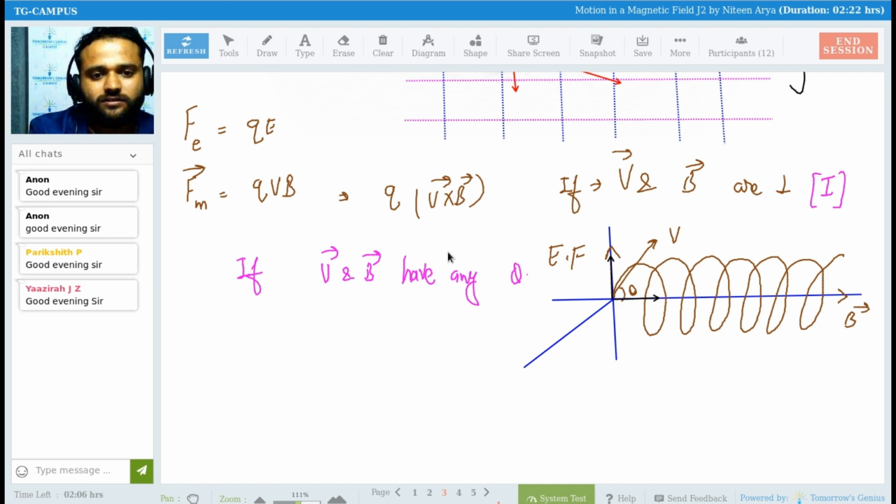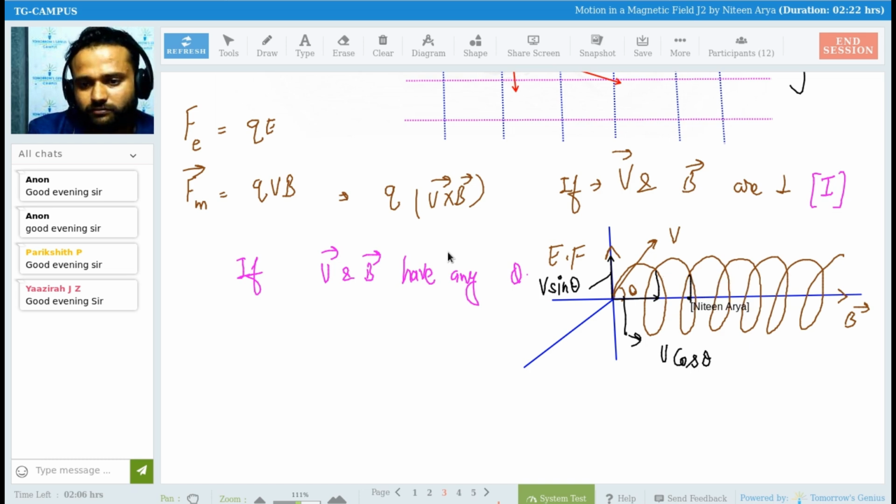Due to the v cos theta component, we have seen the path going forward, and due to v sin theta, we have seen a circle of equal radius. So the radius is going to be equal here.